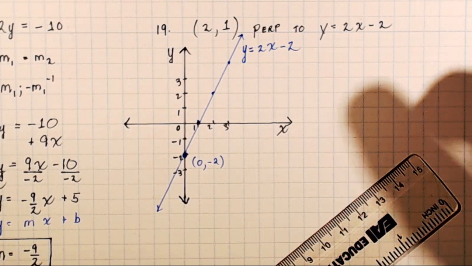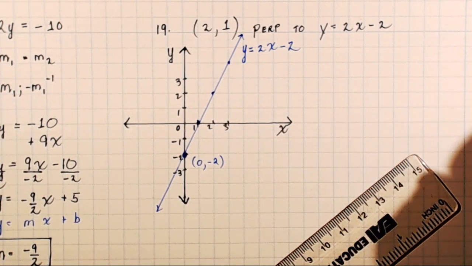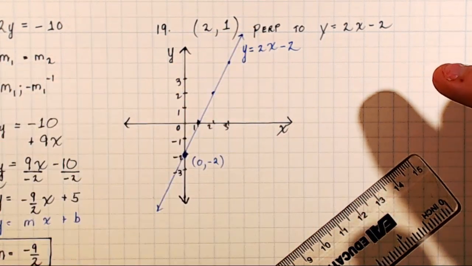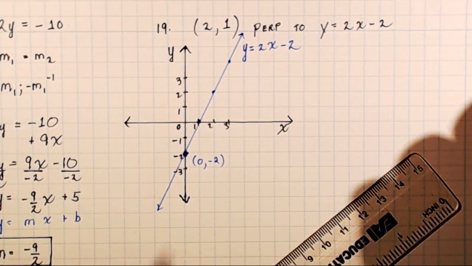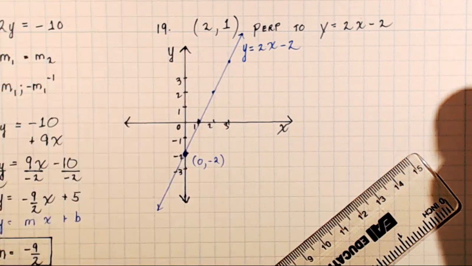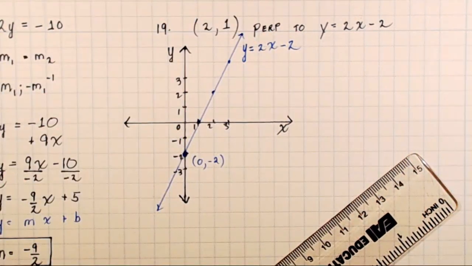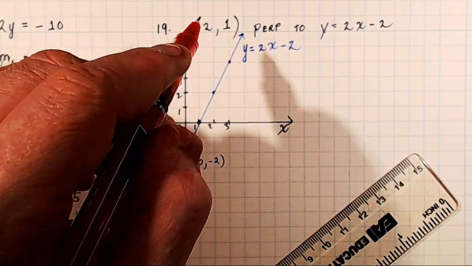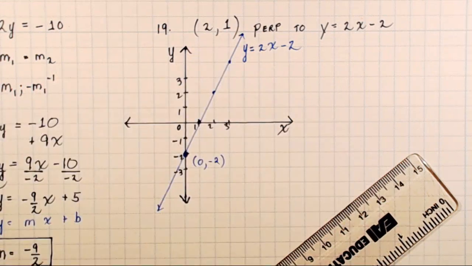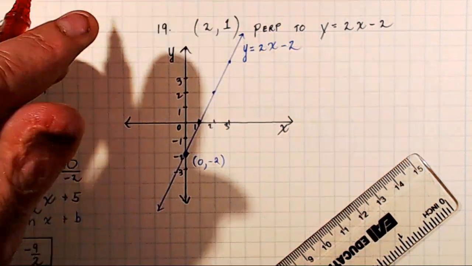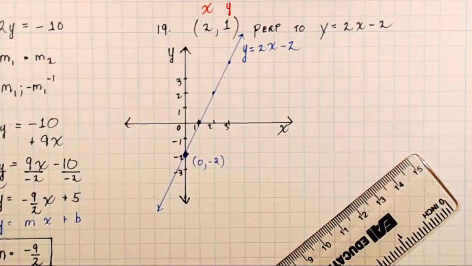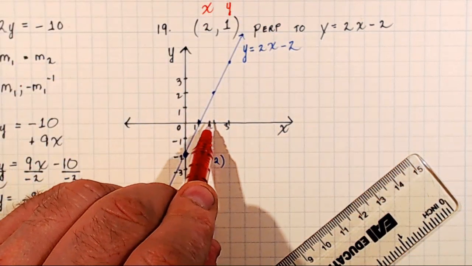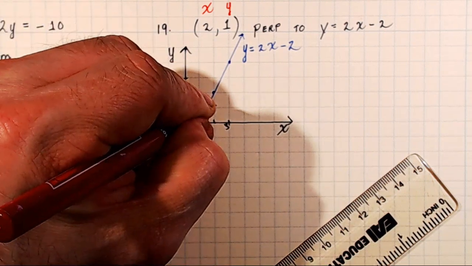And what we're trying to find is an equation for a line that's perpendicular to this one that passes through a specific point. And that specific point is this right here, 2, 1. So we need to plot that point. 2 is the x value, 1 is the y value. It might even be helpful to label that x, y. So I'll go to 2 on the x-axis and then up 1.